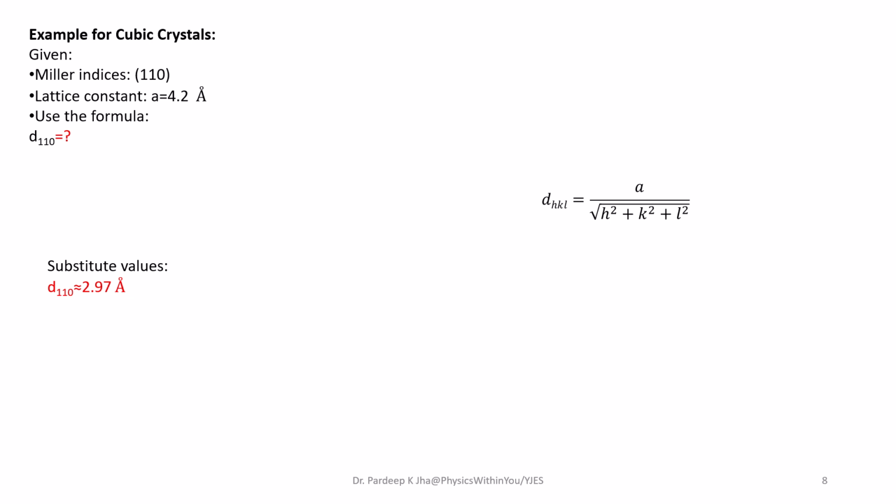HKL is 110, so you can put in 110. The square of everything will be the same, so it becomes a upon root of 2. So you know d hkl, so calculate it. It is in terms of angstrom, so the answer will be this one. This is the simple case for the d spacing.